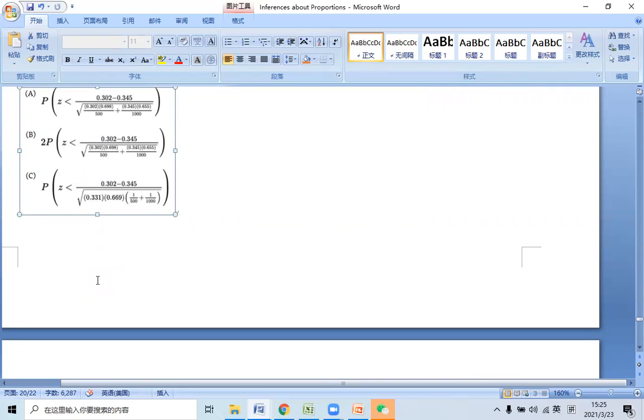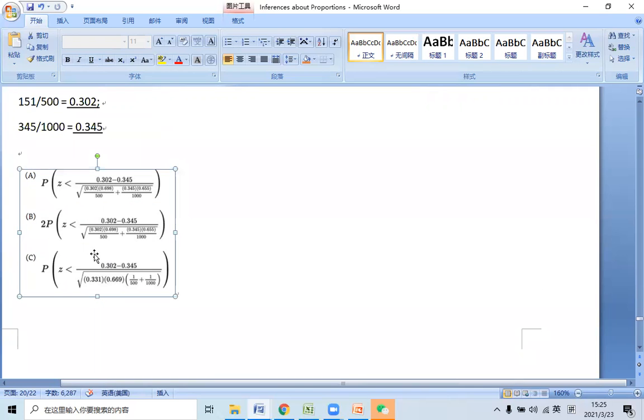It depends on which way, right? You're taking 0.302 minus 0.345. So being more extreme indeed means to be smaller. The z-score is going to be negative. So you're looking at one side, the lower side, the left side, negative z-score. More extreme means smaller.